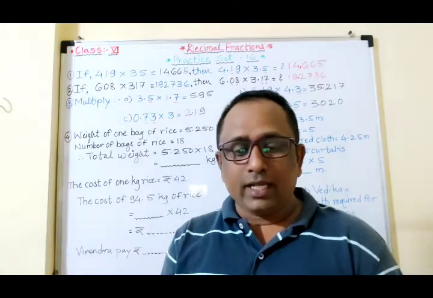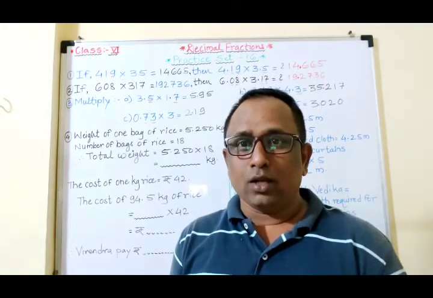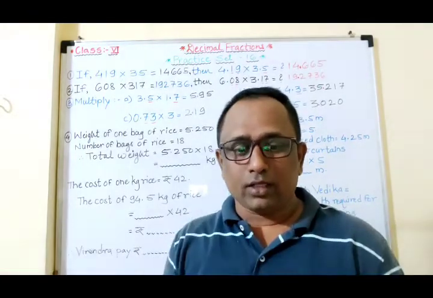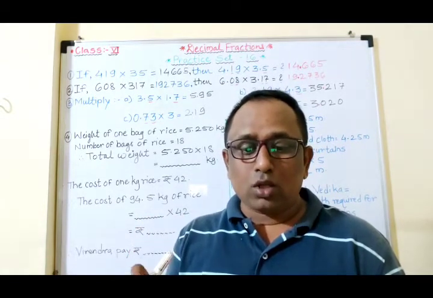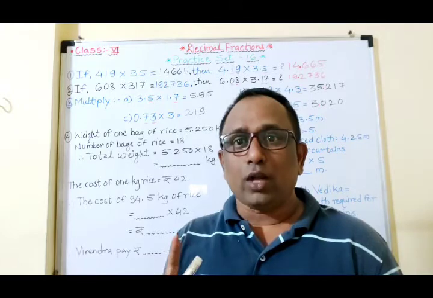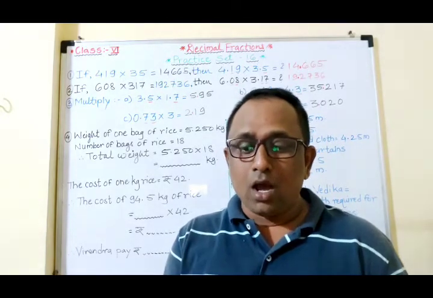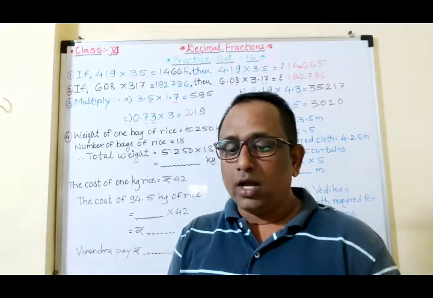How much rice did he buy altogether? So we have to find the altogether rice. So here we have to do the multiplication. If the rice cost 42 rupees per kilogram, how much did he pay for it?